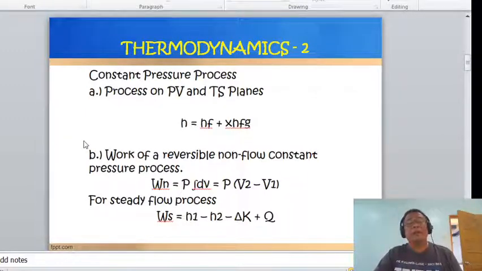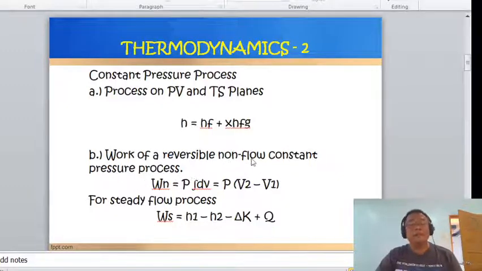Or simply P multiplied by the change in volume, P multiplied by V sub 2 minus V sub 1. Or for steady flow process, work steady flow is equal to the change in enthalpy minus the change in kinetic energy if present, plus the heat transferred.